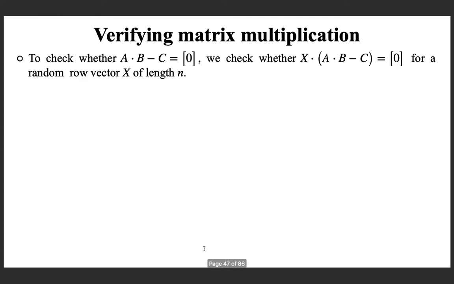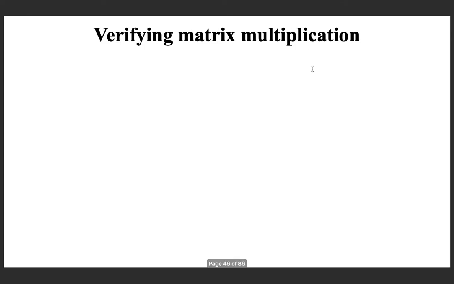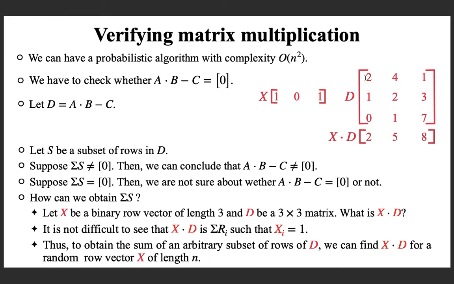So what we want to do is verify whether C is the product of A and B. For that, we want to verify the correctness of this equation, and for that what we did is multiply D, which is this matrix, with a binary random row vector. That is what we found in this case. What is D?